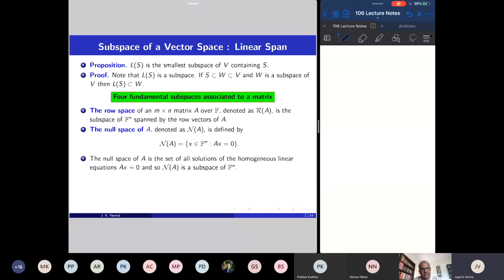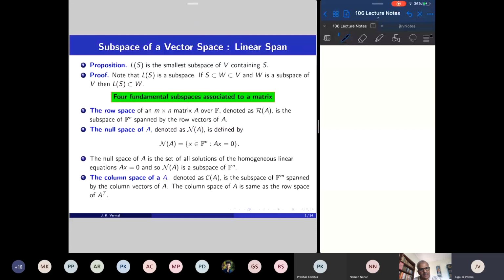How many columns are there in a given M by N matrix? There are n columns, and every column lives inside the m-dimensional space Fm. Look at the linear span of all the column vectors. That is called the column space of the given matrix.